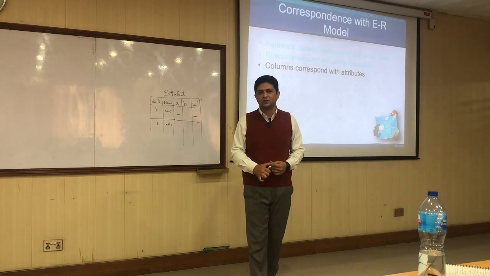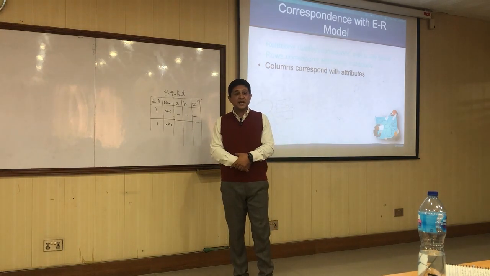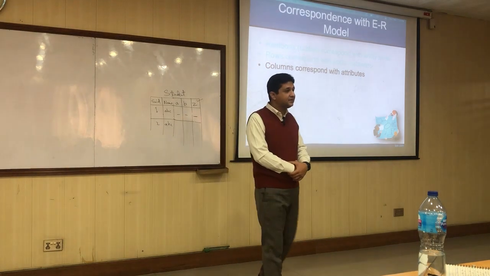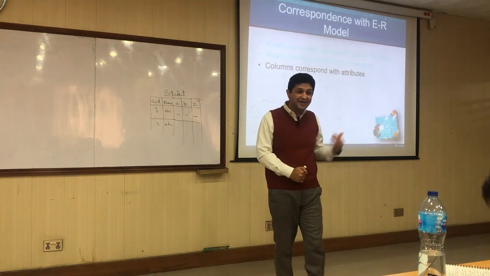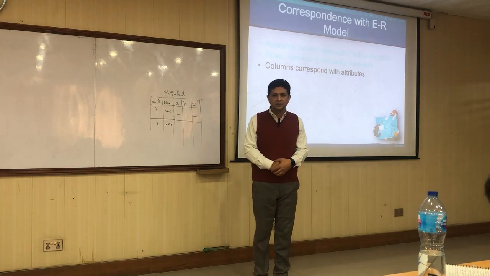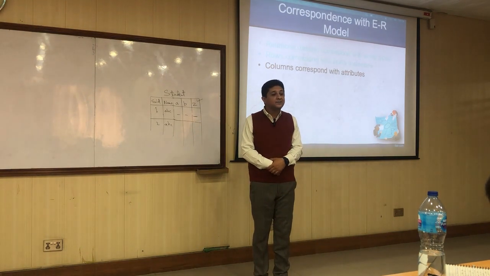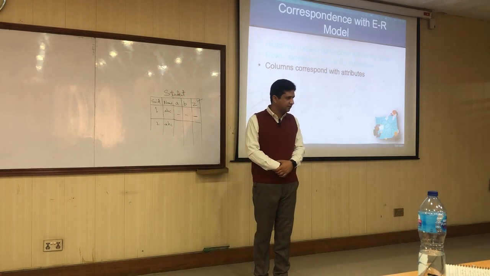So the attributes which were detected in the entity relationship and the enhanced entity relationship diagram are represented here in the relational model in the form of the columns of a relation, okay?